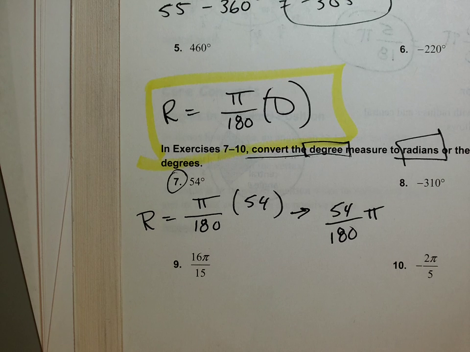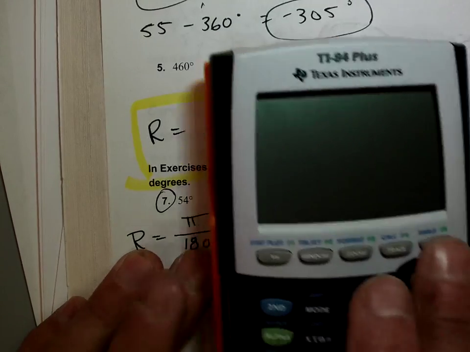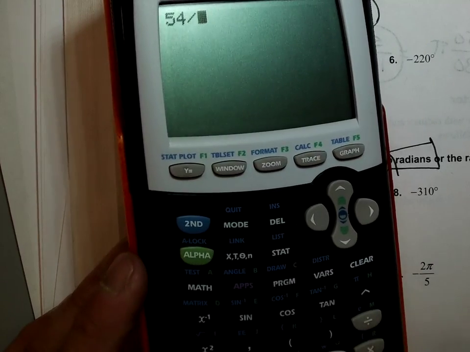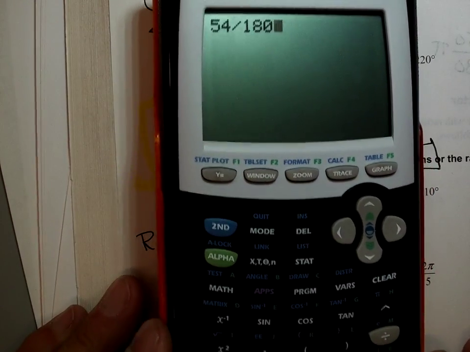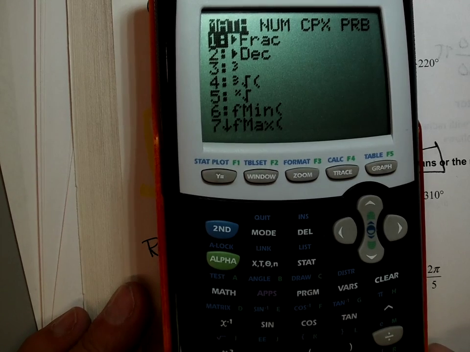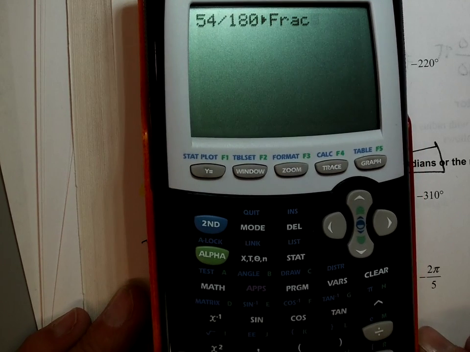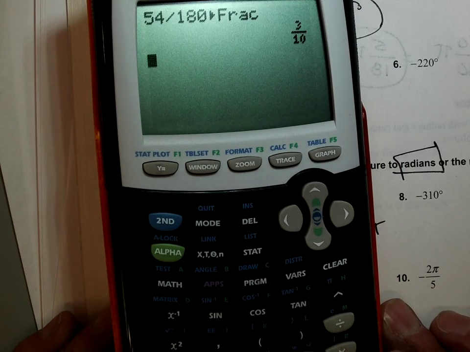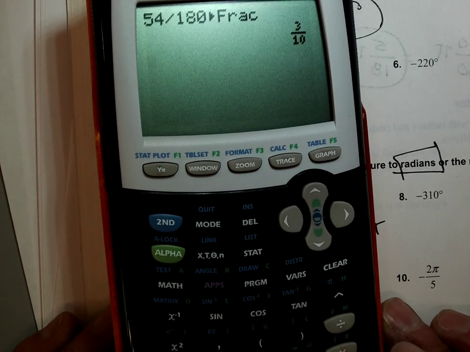Watch. You don't have to worry about reducing fractions if you just listen to how you do it. My calculator will reduce fractions. I'm going to push 54 divided by 180. See that? And I'm going into my math button, and there's a fraction. See my fraction button? Boom. 3/10. So 54 over 180 reduces to 3/10.